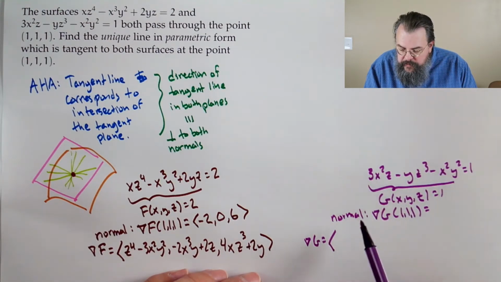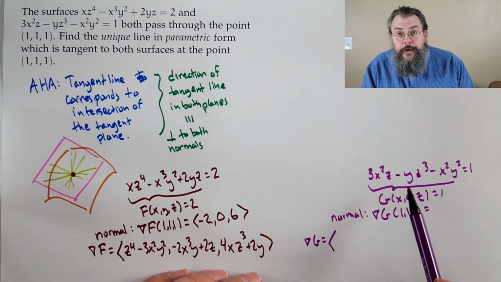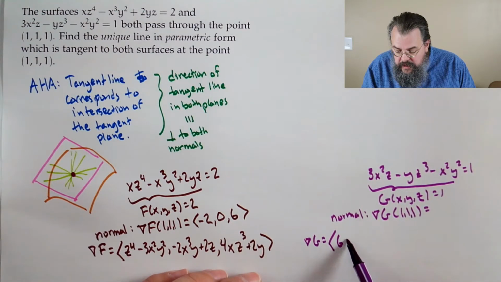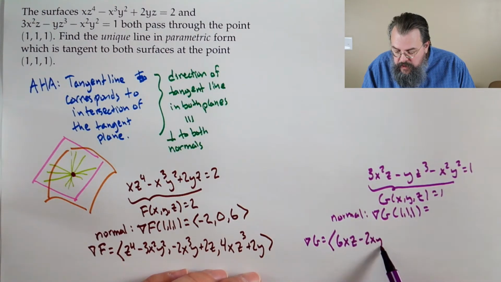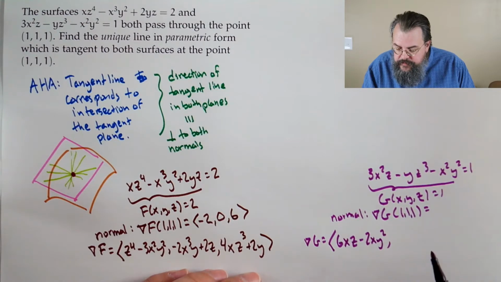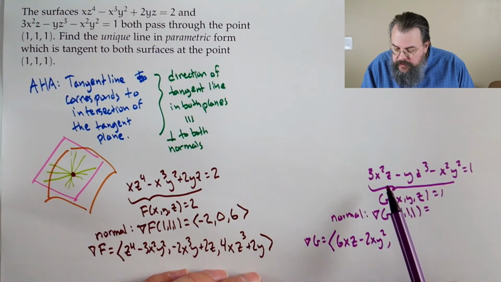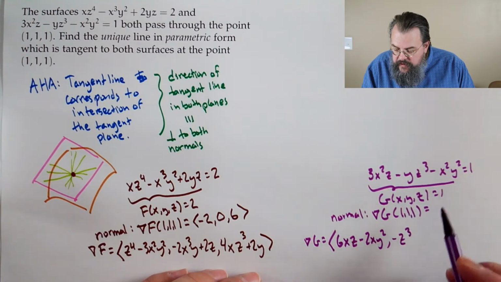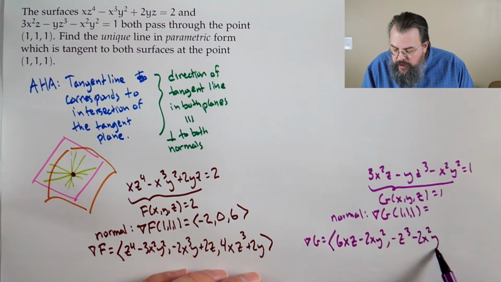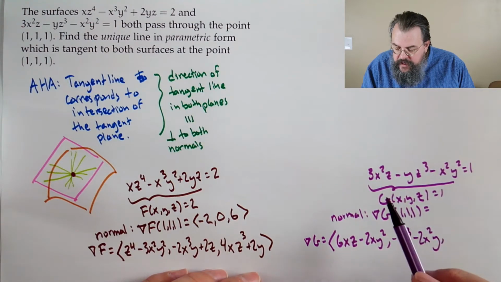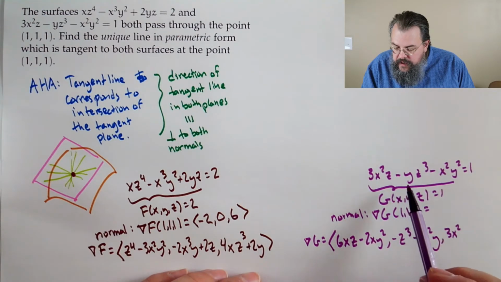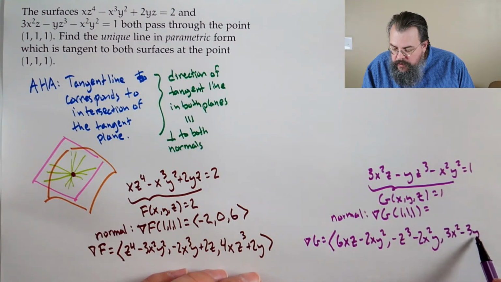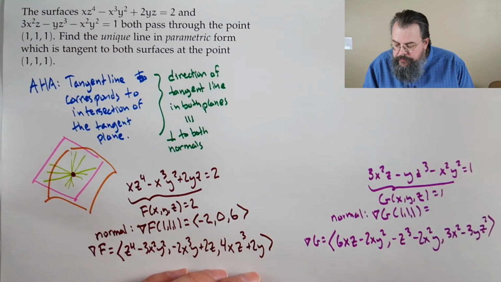Term by term, partial derivative with respect to x: 6xz minus 2xy squared, comma, with respect to y: minus z cubed minus 2x squared y, comma, and with respect to z: 3x squared minus 3yz squared.